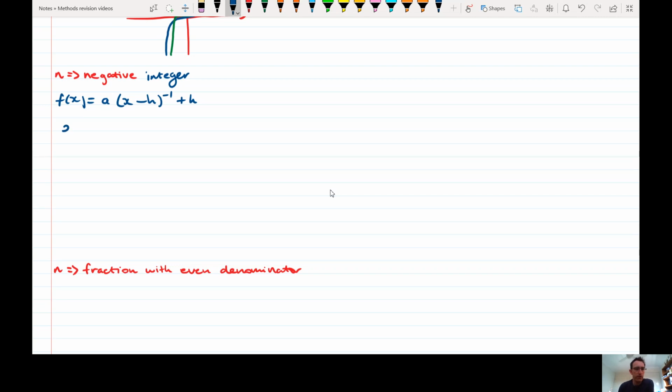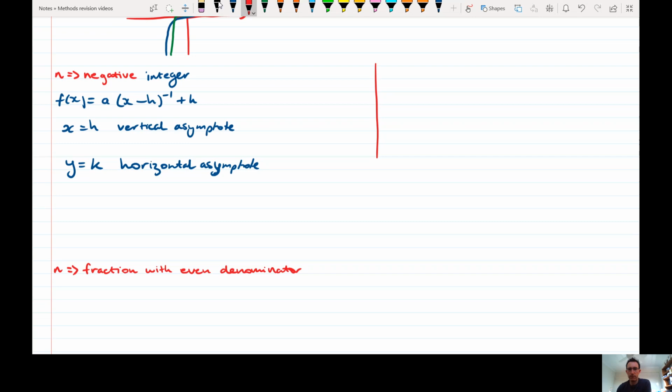What you find is x equals h is a vertical asymptote, and y equals k is a horizontal asymptote. So taking my example that I've just written, that is a hyperbola. So power of -1, and you end up with a vertical asymptote there and a horizontal asymptote happening there. That happens for anything with a negative integer.